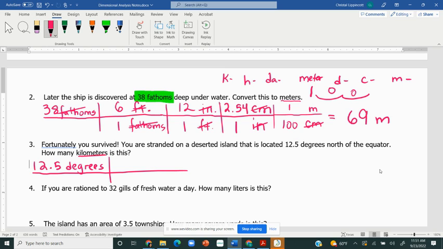All right, so I'm going to put degrees where? Top or bottom? Bottom. So degrees go here. And we're going to convert that into miles.